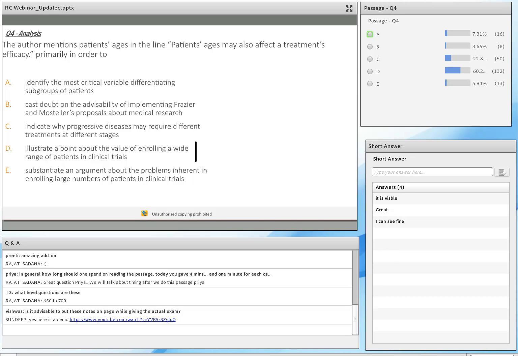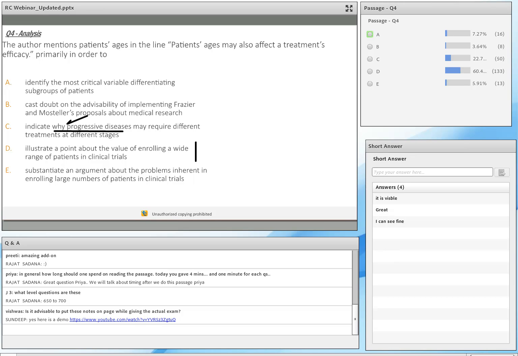60% of you got it right. So I'm going to quickly go through this. I'm going to focus primarily on the incorrect answer choices. Progressive diseases indicate why progressive diseases may require different treatments at different stages. No, we are not looking at why they require.